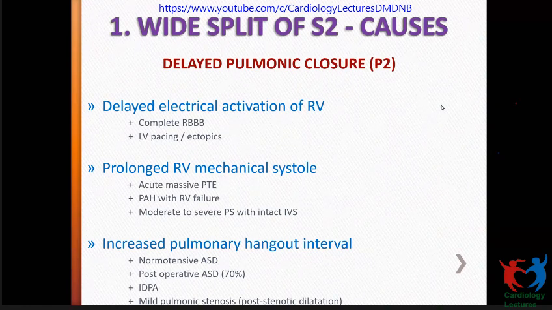For example, what are the paradoxical split causes? Anything which is LBBB. So that means it is LBBB, it could be right-sided pathway. So there are four causes. They are LBBB, they are paradoxical split.